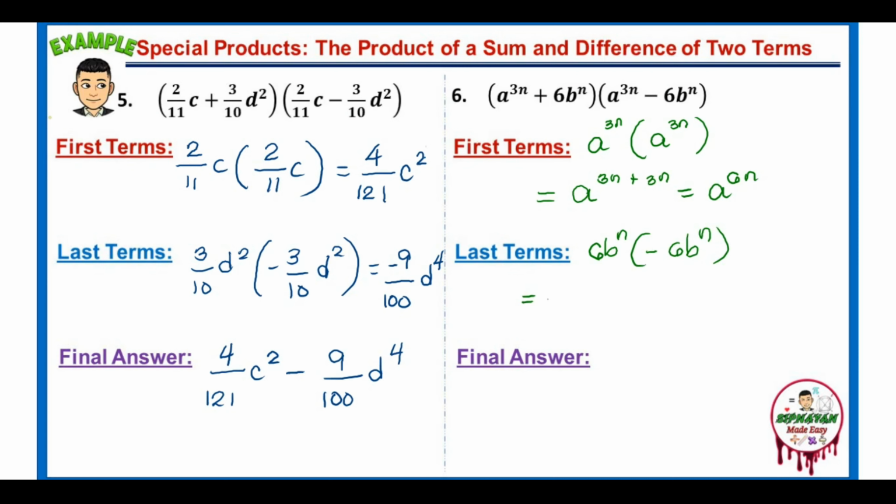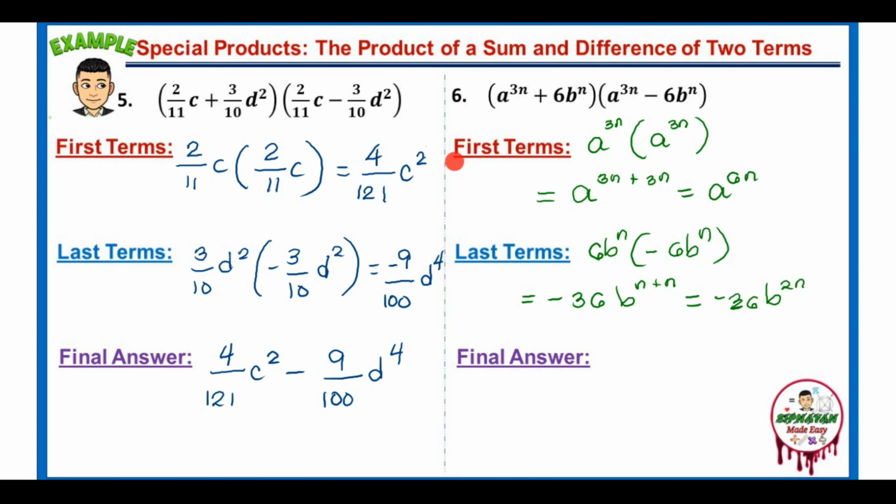Simplifying, we have 6 times negative 6, that is negative 36, and just copy the variable b and add the exponents n and n. Therefore, the product of the last terms is negative 36b raised to 2n.